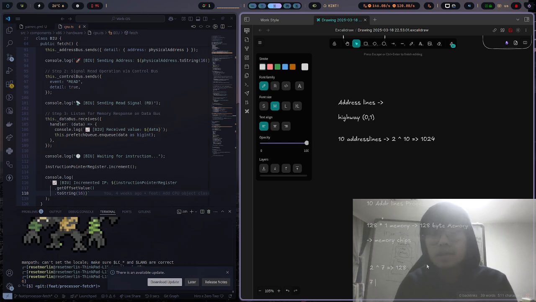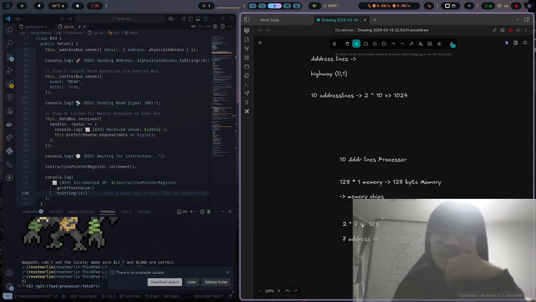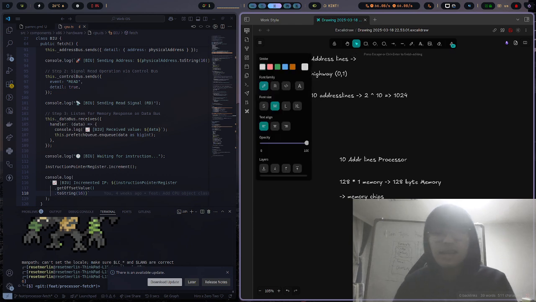So we need 7 address lines for it. Hold on, I forgot it. I think I have to study more about it. I think there was a formula: 1024 divided by 128.